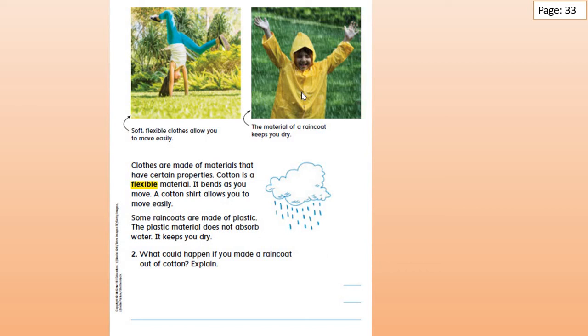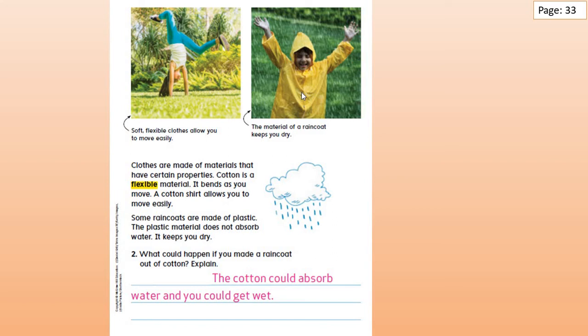Interesting. Now, what do you think, grade 2? What could happen if you made a raincoat out of cotton? What do you think? Will this cotton raincoat keep you dry on rainy days?